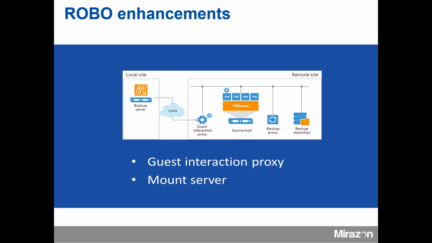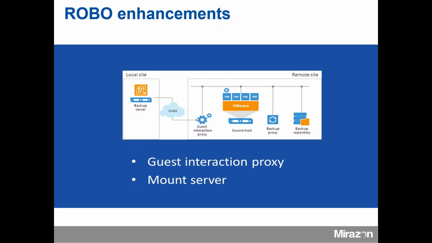So traditionally, we've leveraged the backup server to inject that runtime service, to quiesce VSS, to truncate logs, to make sure everything's transaction consistent. Now at that remote site, we would have to shoot all of that data over the WAN to provide that VSS quiescence.